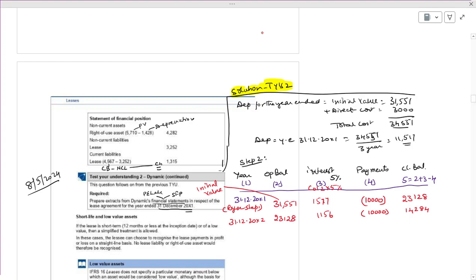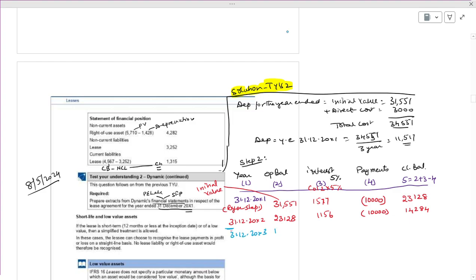Now, we can do it for the last year also. I am just doing it for your understanding. That's all. I am putting one line here. 31/12/2003.